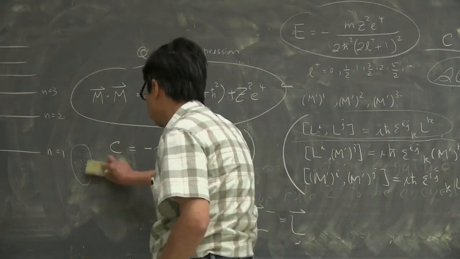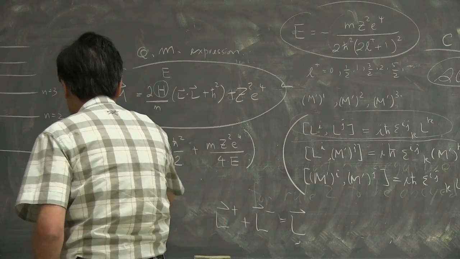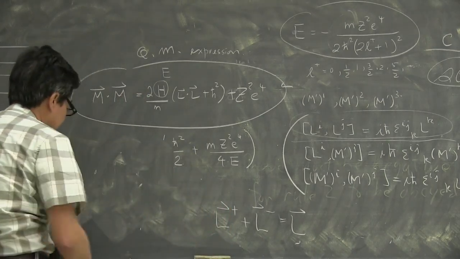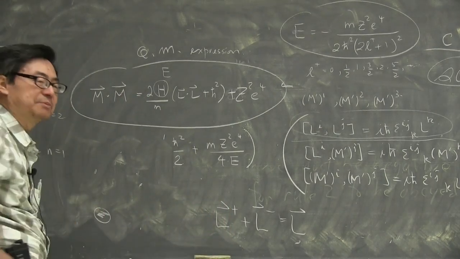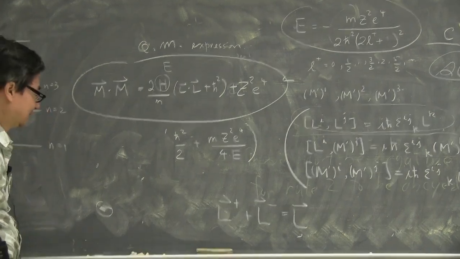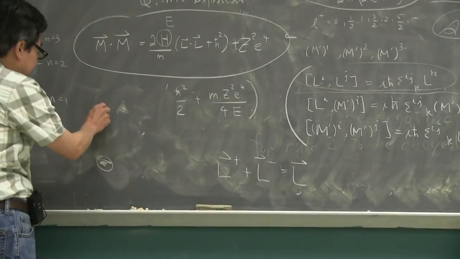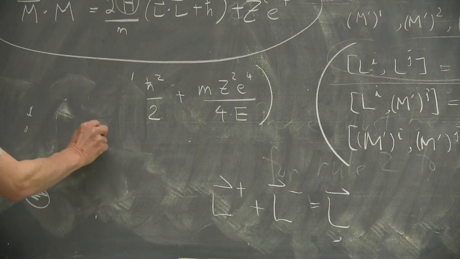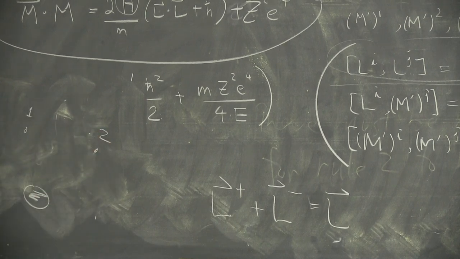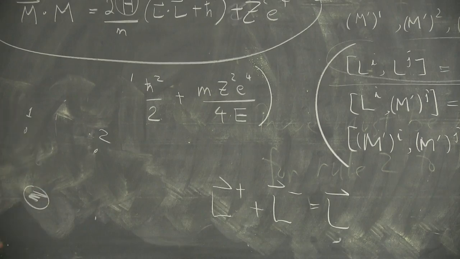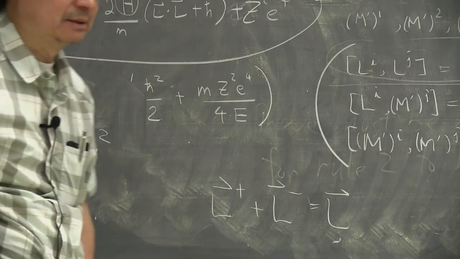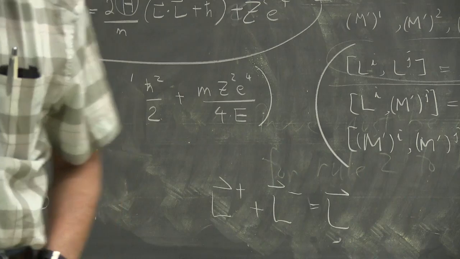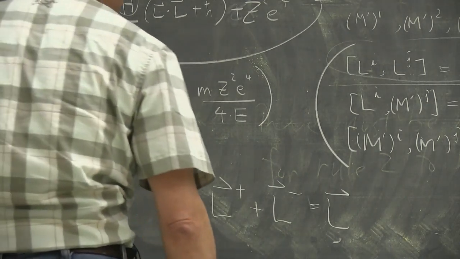Supposing we're looking at a 2-electron system, and these 2 electrons are orbiting around some nucleus, okay? And let's say the total orbital angular momentum of these is 1 h bar and 2 h bar, as eigenvalues of the angular momentum operator.